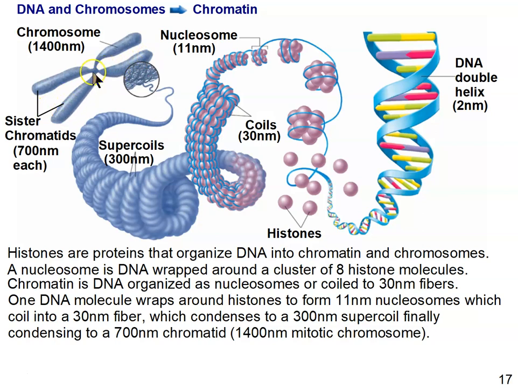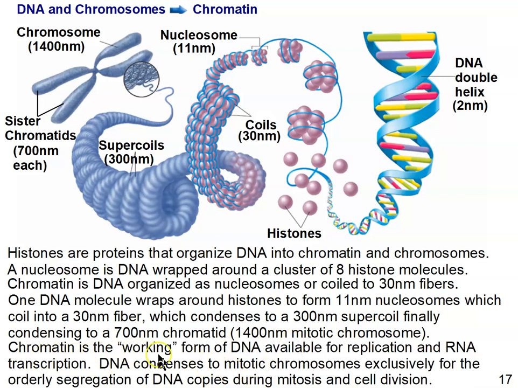So this is one sister chromatid, and this is another sister chromatid. So they don't cross each other, they're side by side, they're connected side by side, and each one is a DNA molecule, and each one has coiled and condensed into a mitotic chromosome, making up one full mitotic chromosome. And so that would be 1400 nanometers.